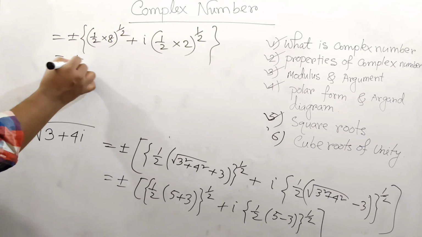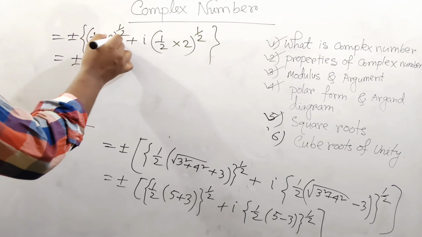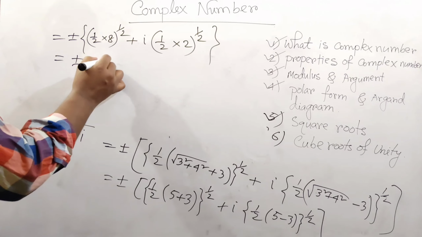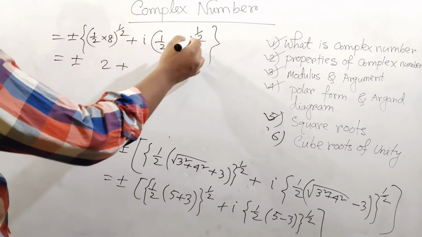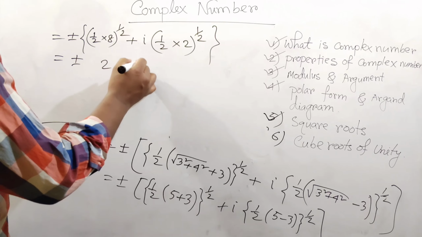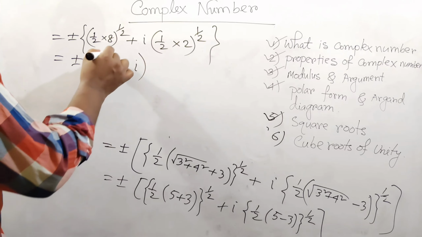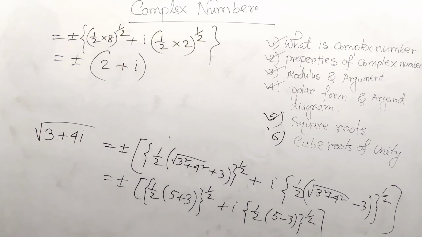So it should be 4, and the square root of that is 2, plus here 1. So finally, the square root of this given complex number is 2 plus i. Here the given sign is plus, that's why it is plus.